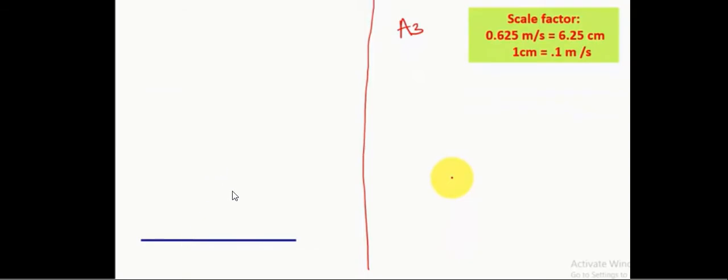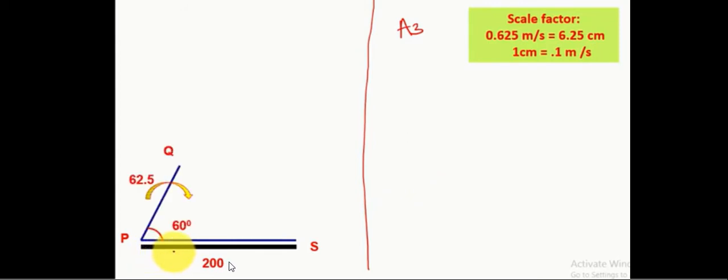So let's start with drawing a horizontal line, that is the fixed link representing PS, that is 200 mm. You can scale it accordingly. So 200 mm you can take as 20 centimeter. If your book does not permit 20 centimeter, you can take it as 10 centimeter. That means scaling should be 1 centimeter is equal to 20 millimeter. So like that you can scale it accordingly.